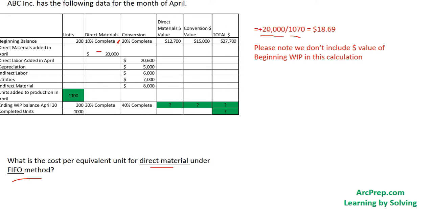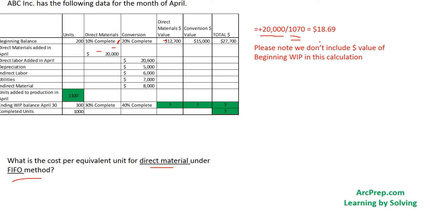So the main difference is that weighted average adds this and the value of direct material together, but then says I'm not going to care about what we started, I'm just going to look at the completed portion. So the denominator is different as well.